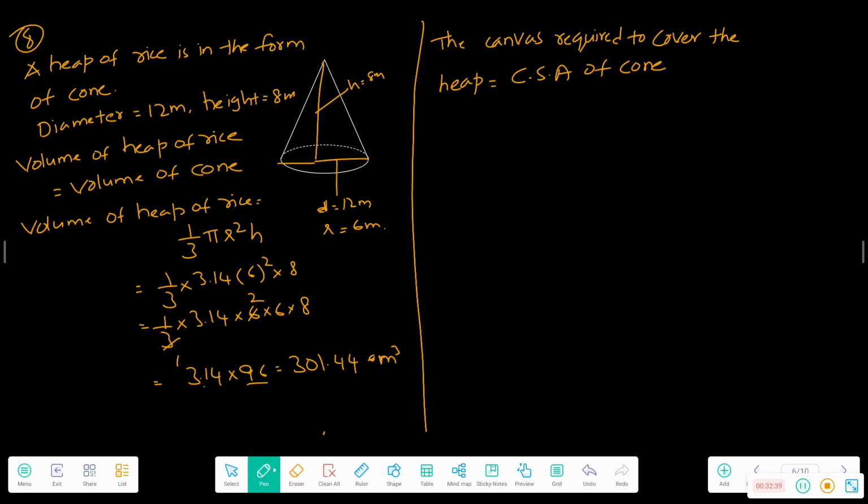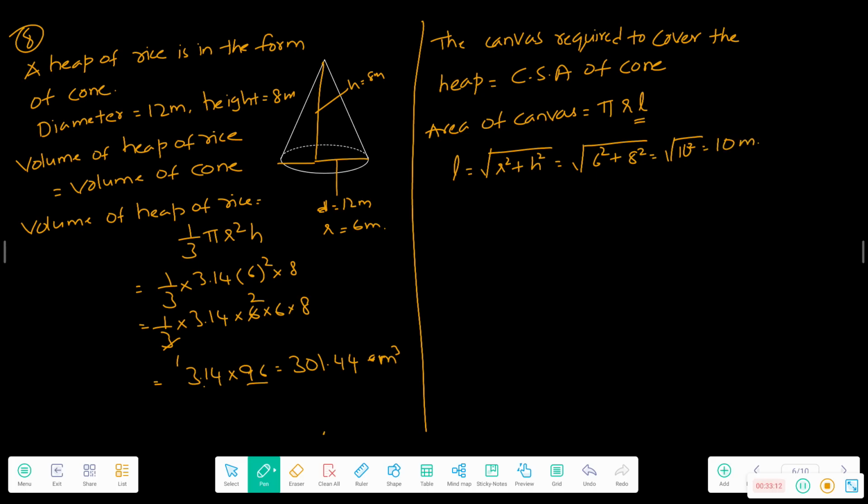So area of canvas is equal to pi r L. Again here we don't know the value of L. So first find out the value of L. L is equal to square root of r square plus h square. R square value is 6 square plus 8 square, it is nothing but 10 square, so it is 10 meter.